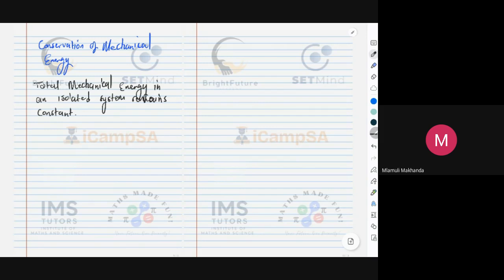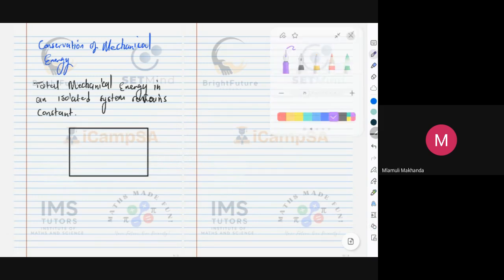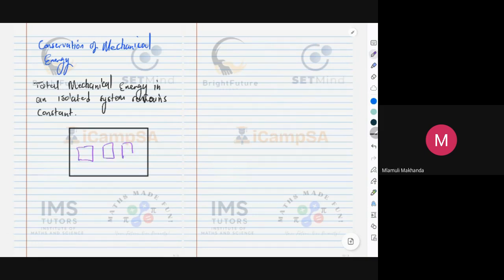Okay, so if we had a box like this, and inside this box we have this box and this box and this box, this is an isolated system if you look at it from this point of view here. This is isolated. It will not allow anything to go inside it or allow anything to get outside of it. Everything remains the same, right?